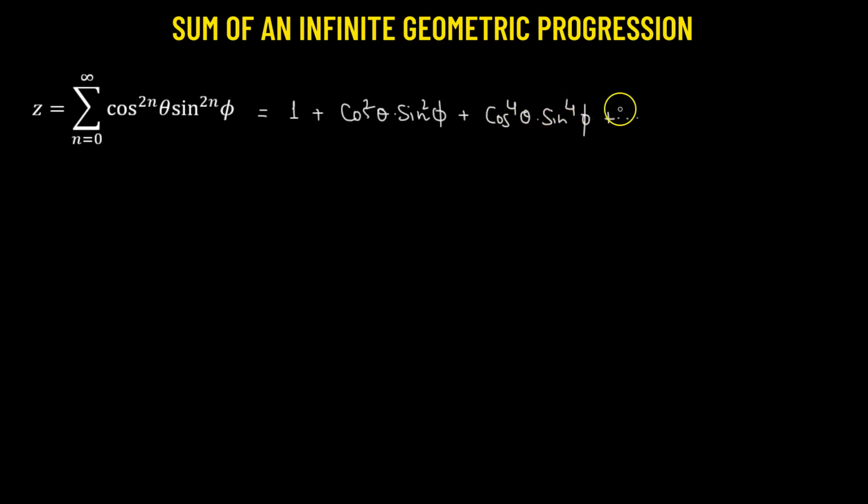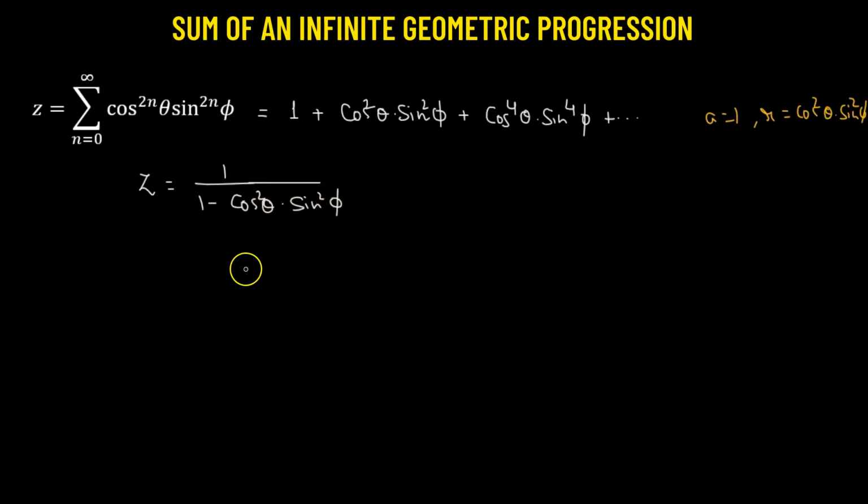And this continues. So here the first term is 1, and the common ratio r is cosine squared theta times sine squared phi. That means z will be given by 1 divided by 1 minus the common ratio, which is cosine squared theta times sine squared phi. Right, let this be equation number 3.